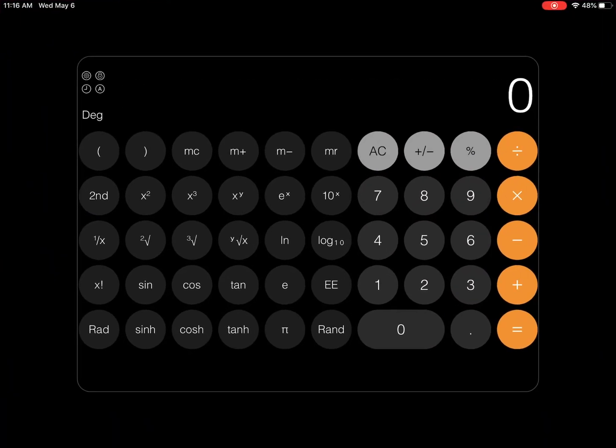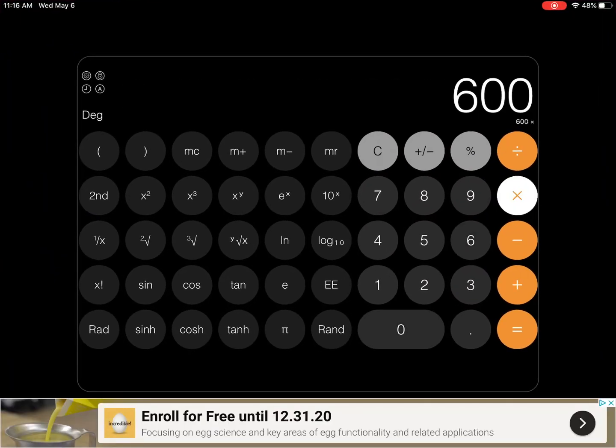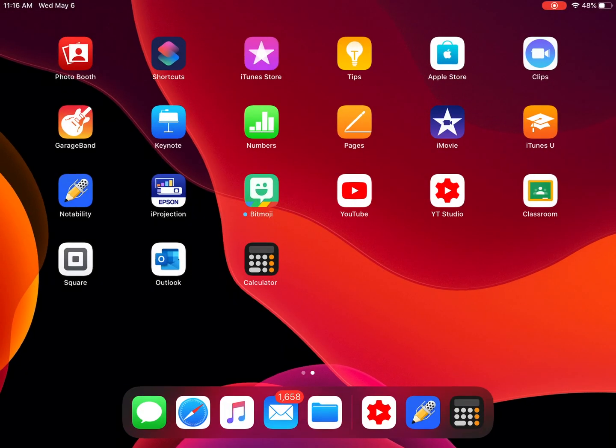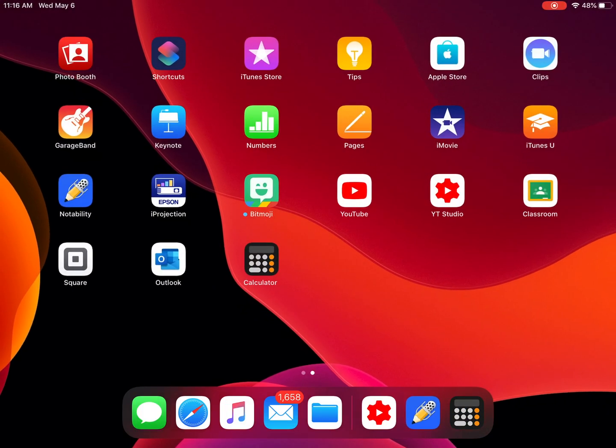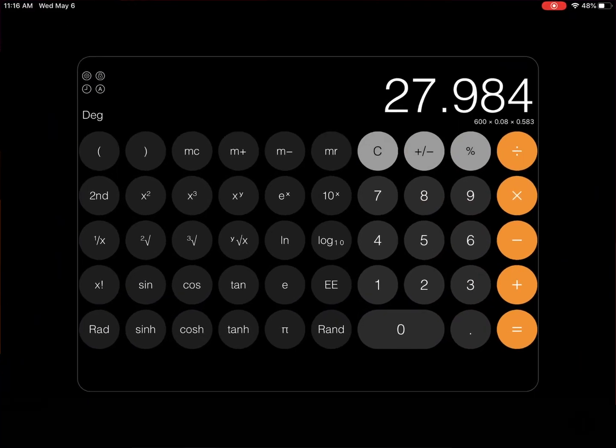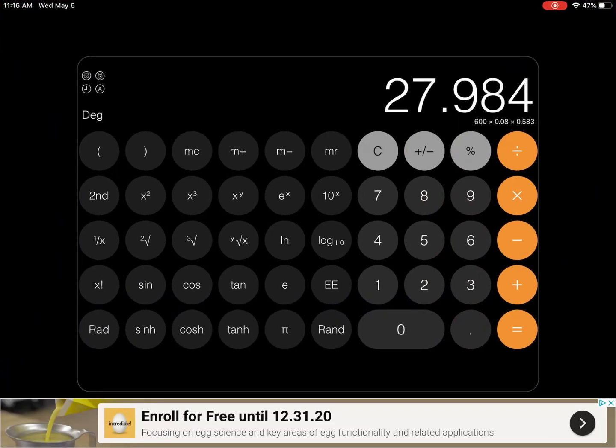Let's see how much I'm going to pay in interest for borrowing $600. That's the answer to this question. So let's go to our calculator: 600 multiplied by 0.08 multiplied by 0.583. You're going to pay about $30 in interest under these conditions.